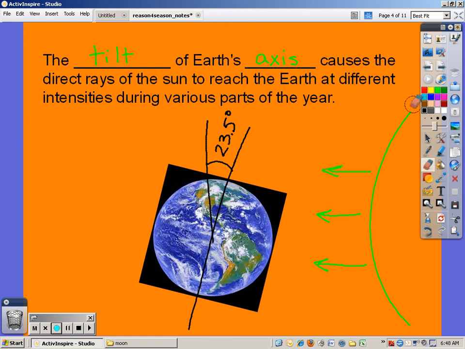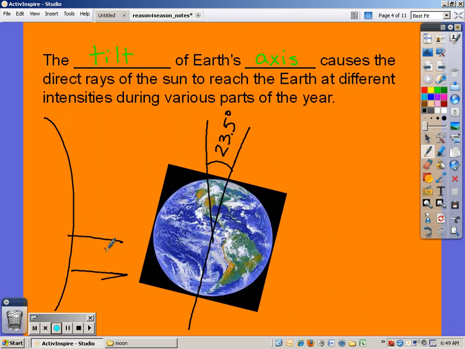Now, of course, as the earth revolves around the sun, sometimes the sun is on the opposite side, right here. So now the earth is basically tilted away from the sun. And we'll talk about that more in just a second.